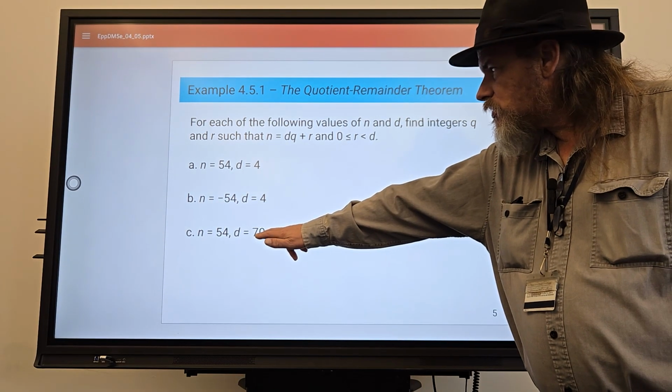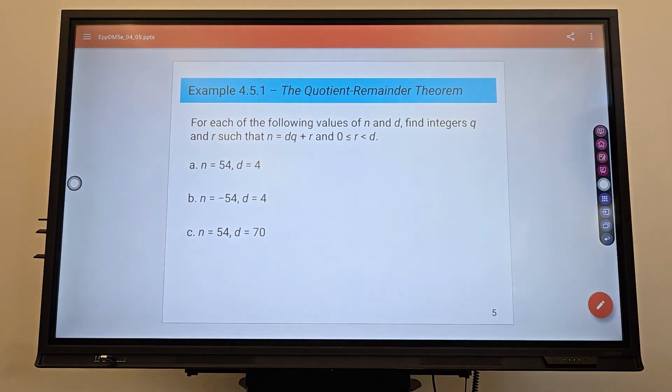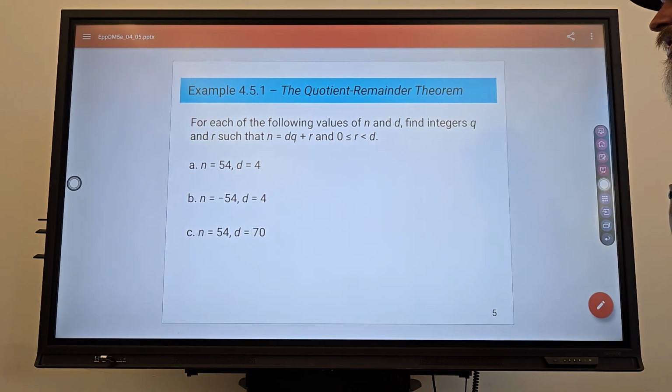n equals 54, d equals 70. That would be 0 with a remainder of 54. Minus 1 with a remainder of... no. 0 with a remainder of 54. q would be 0 and r would be 54, right?